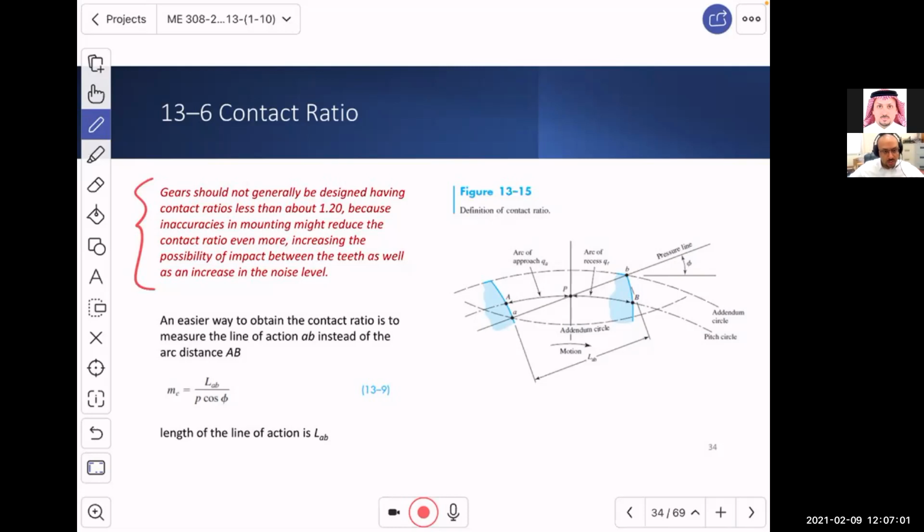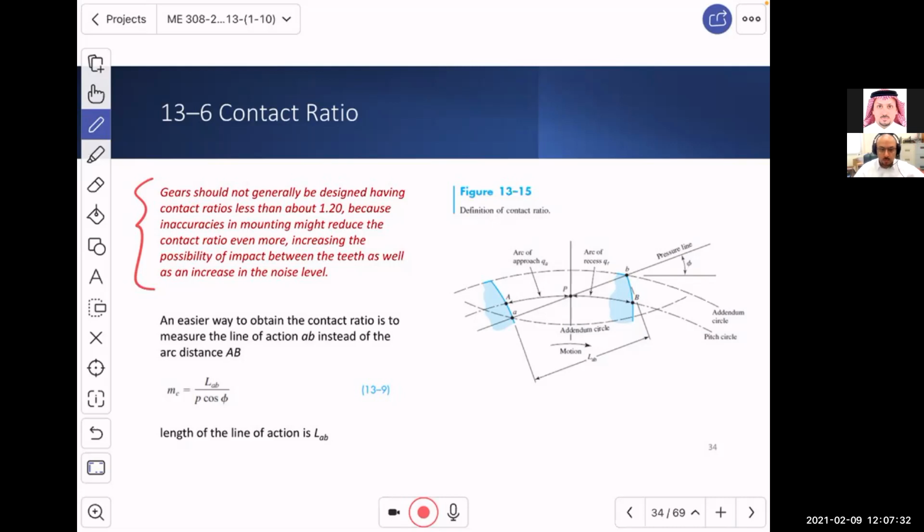So even if you secure 1.2, you may end up in a situation where the ratio itself is less than 1, which means there is an instant when a tooth is in contact, and an instant when there is not. This by itself will cause a problem because we will not secure a smooth motion.